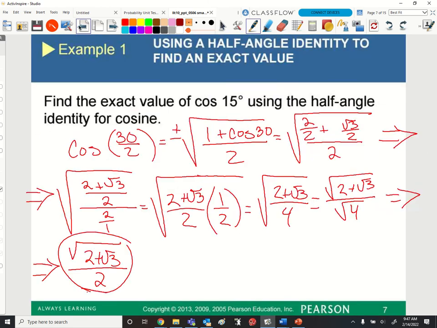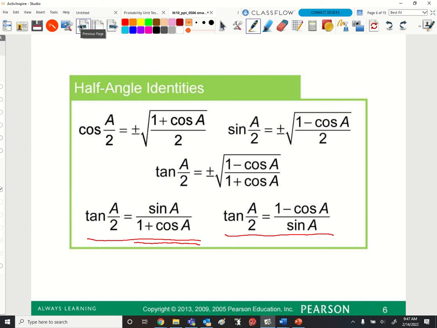Now I'm going to back up to my formulas right here, and I only have one formula for cosine and one formula for sine. So let's plug these in, starting with the cosine: square root of 1 plus cosine A over 2.